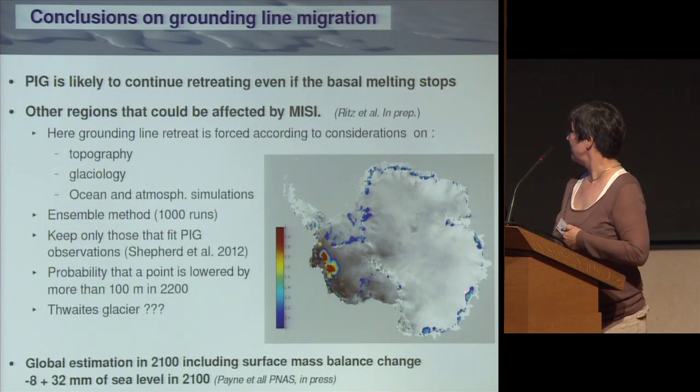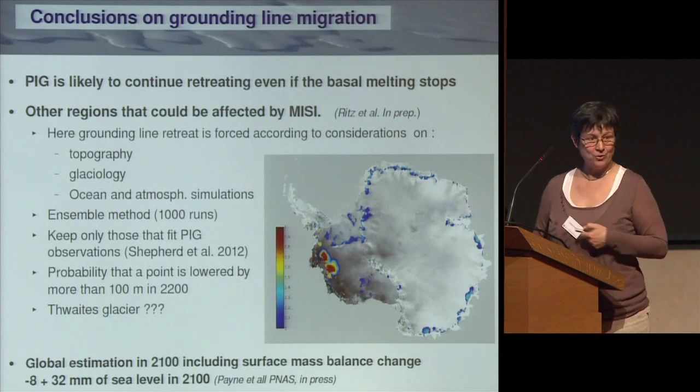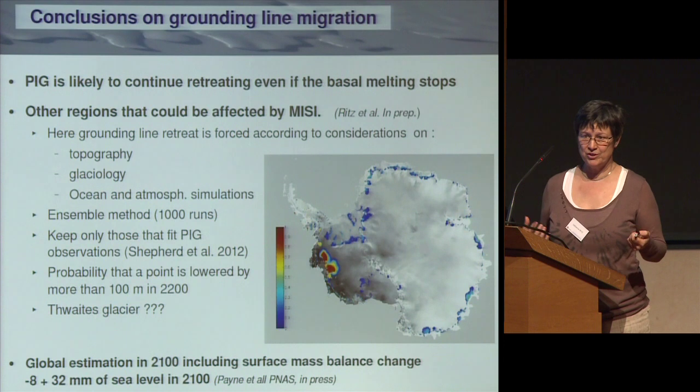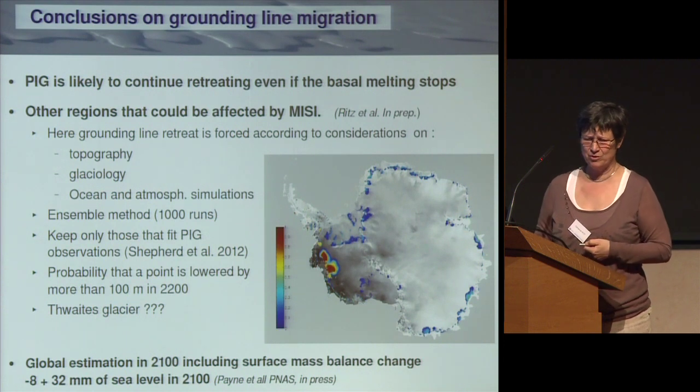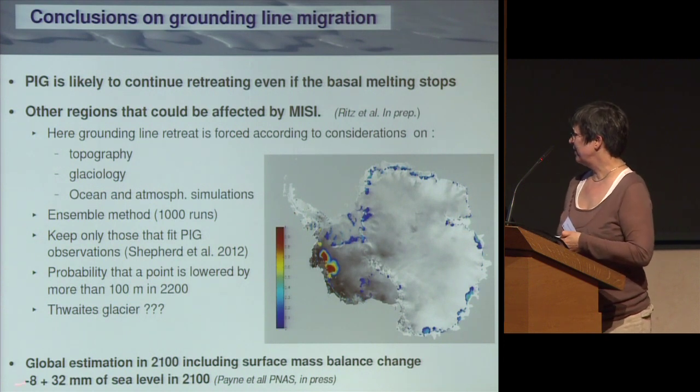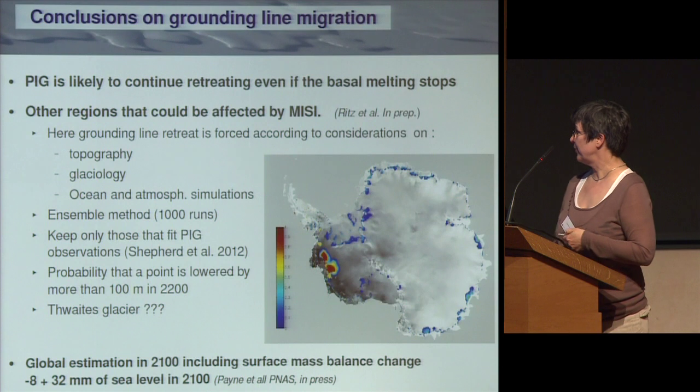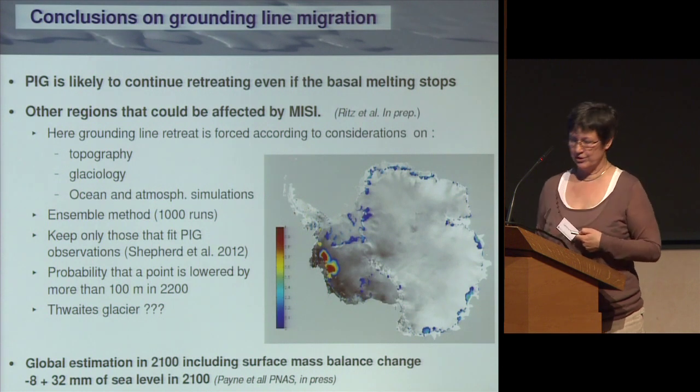And you can see that the points I mentioned, Totten here, and the Wilkes Land glaciers are also affected. For the global estimation, there are a few simulations of the future, but I think really very little: minus 8 to 32 millimeters for the end of the century, including the change in surface mass balance.